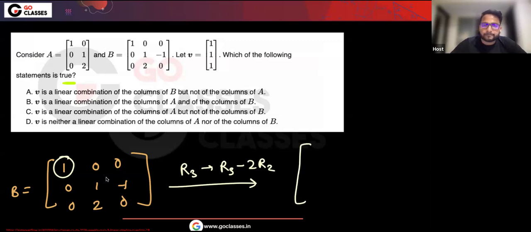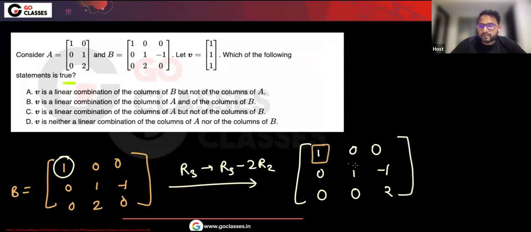Let me just write it. 1 0 0, 0 1 minus 1, and then R3 minus 2 R2. Anyway this is 0, so this will be 0. Now 0 minus 2 into this, so basically it will be 2 only, right? So you will be getting something like this. Is this okay to everyone? That's very easy to check, right? So basically these three are pivots.